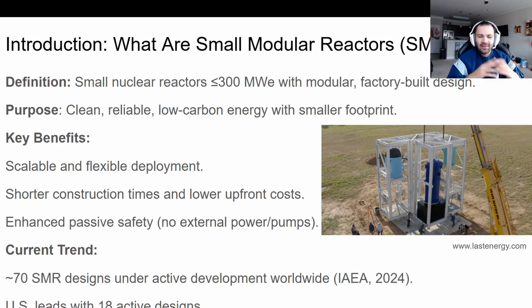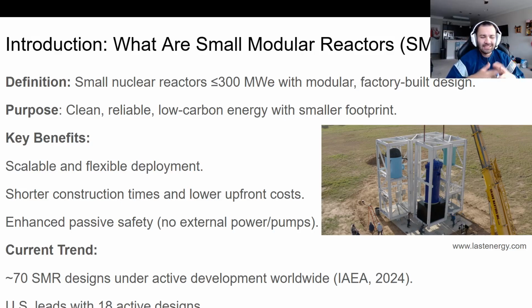But the main difference is definitely the size, right? Because SMR, which is the acronym for small modular reactor, the S is small, that is the keyword there. So there's a few different types. The purpose of this is they're clean, they're reliable, and have a low carbon energy footprint, right? They're very green, for sure.